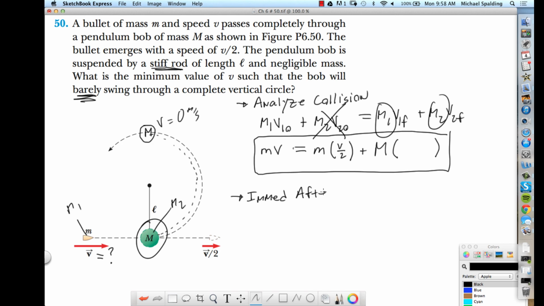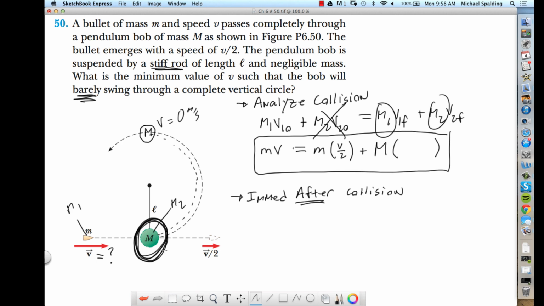Immediately after the collision, what can we apply now? When the collision's done, can we use momentum? No, because you can only use momentum for the collision, right? So now we're looking at it after the collision. What could we apply? Conservation of energy.